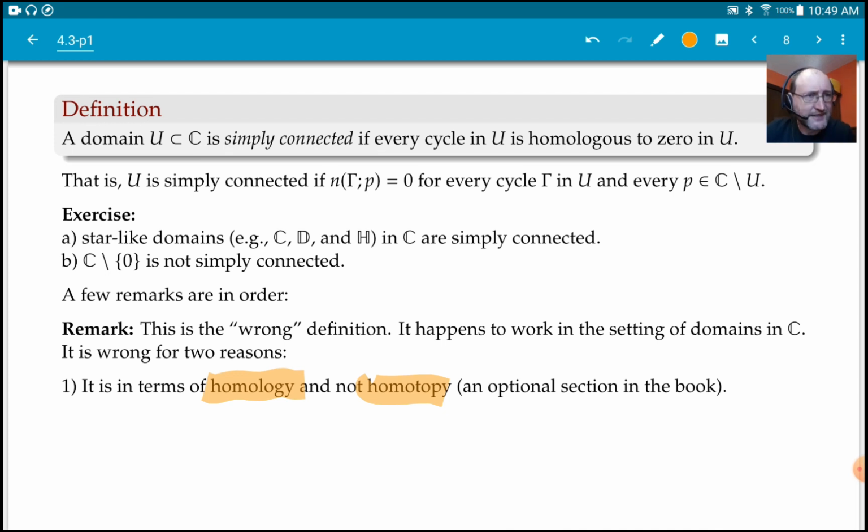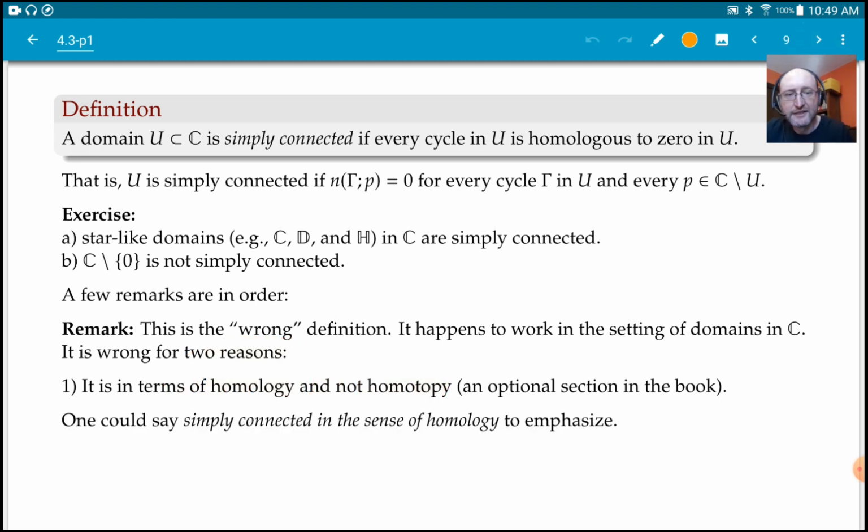But in this course, we're not going to cover the optional sections. So we're just looking at the homology version of this. That's the first reason why it's wrong. As I said, we could say simply connected in terms of homology, but we'll just say simply connected.